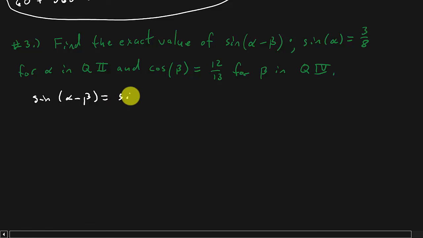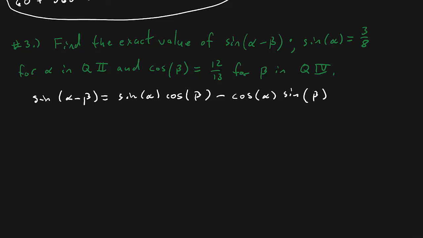So that's going to be sine alpha cosine beta minus cosine alpha sine beta, or you can write sine beta cosine alpha. It doesn't matter what order you write it in.